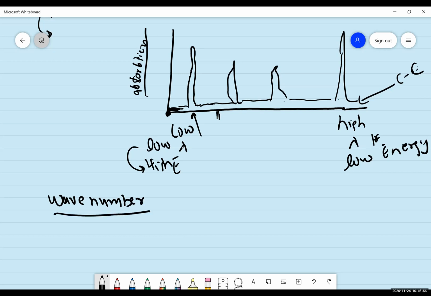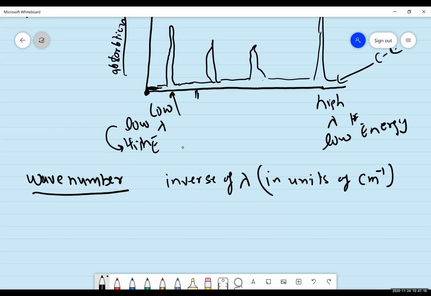Okay. Now, what is wave number? Wave number is the inverse of lambda, in units of centimeter inverse.